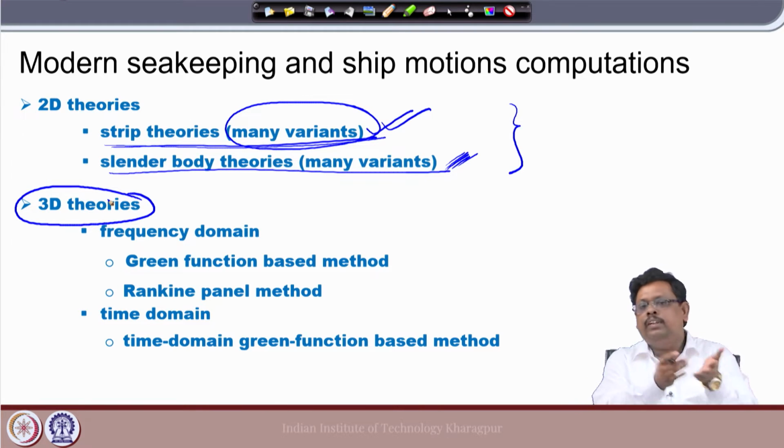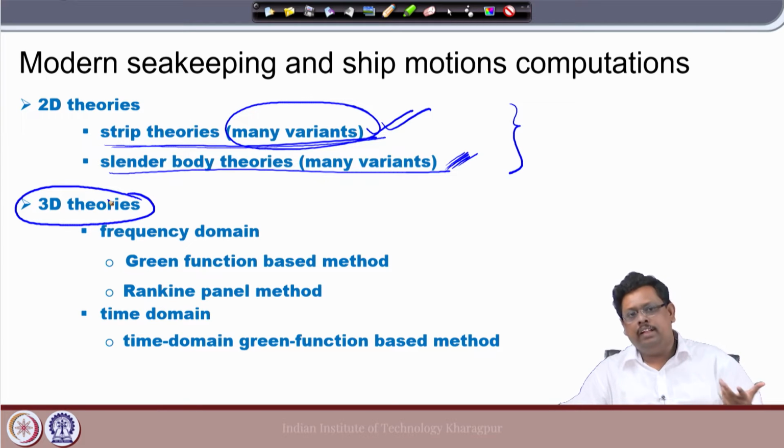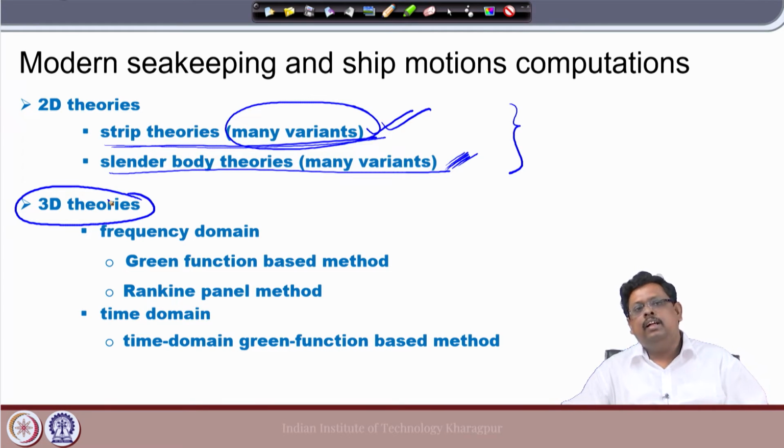You know that for the panel method, we take a geometry and then get panels. All the panels are three dimensional, inclined surfaces, and we find the pressure at each panel, integrate, and get the force over the body. That is what we call three dimensional theories.